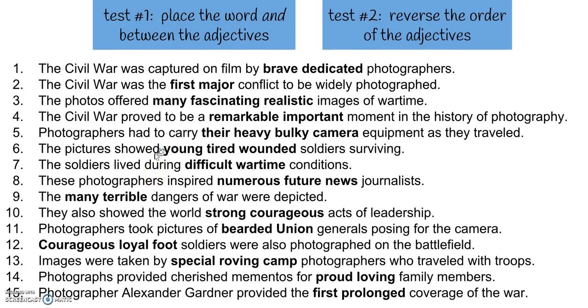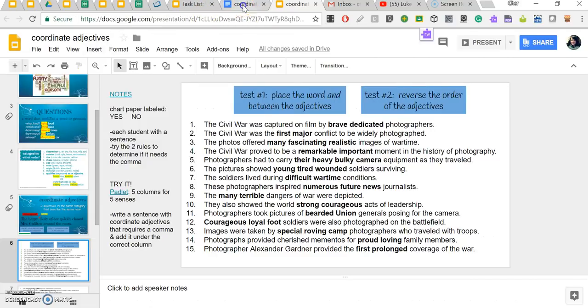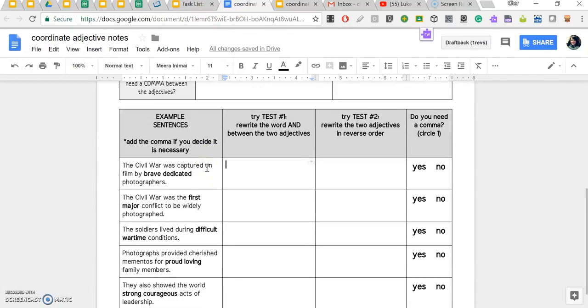So what you're going to do now is try these two tests. I gave you some sentences down here. Your example sentence says, add the comma if you decide it's necessary. To decide if it's necessary, we're going to follow these two tests. The first one says, rewrite the word and between the two adjectives. The Civil War was captured on film by brave, dedicated photographers.